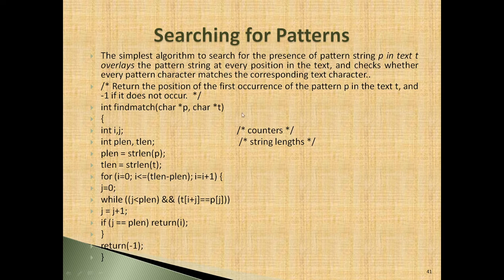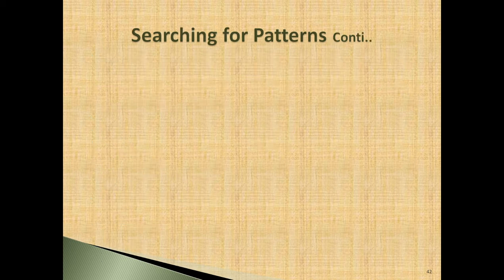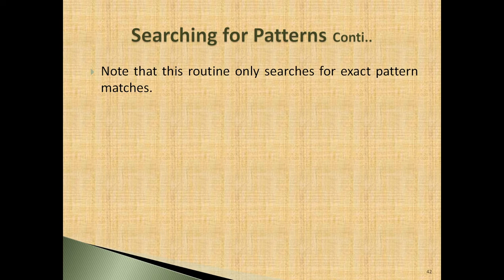As we discussed, -1 gives the idea that the pattern string P does not match within the given text string. So this is the simple code used to search the pattern of string within the given text. We will discuss what will happen if the pattern does not match with the given text.